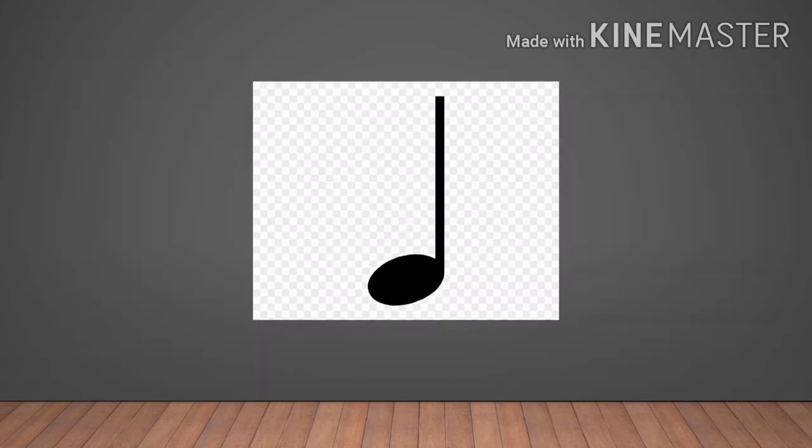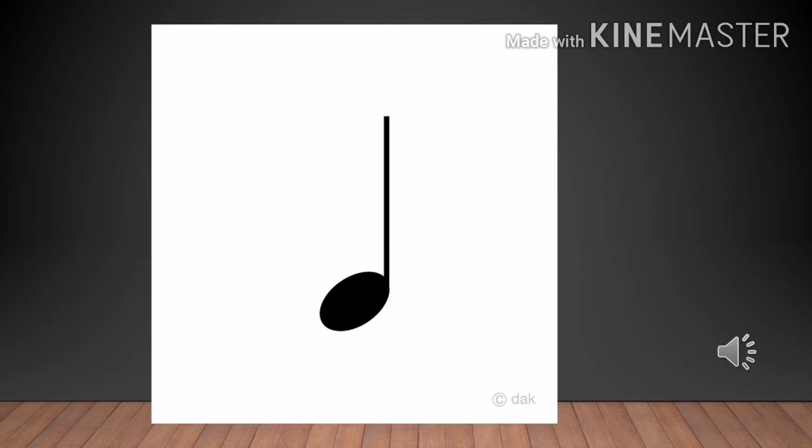Next, we have quarter note. A quarter note is one count. It is 1/4 of a whole. You can see the quarter note looks like a half note, but the note head is shaded. Again, the stem can point up or down, but doesn't affect the value of the note. This is the sound of a quarter note. 1.